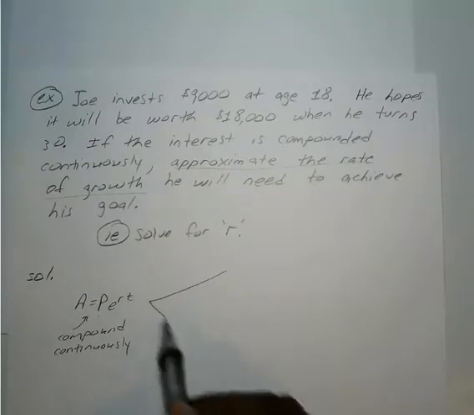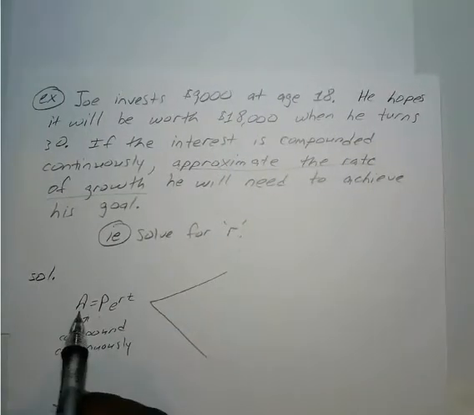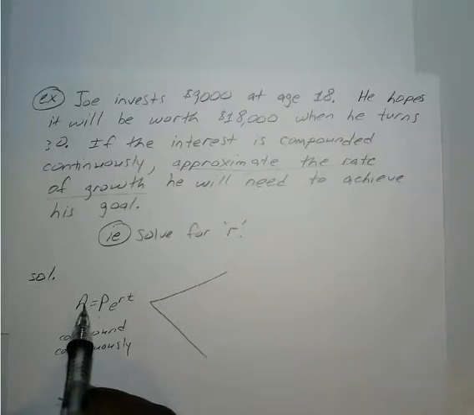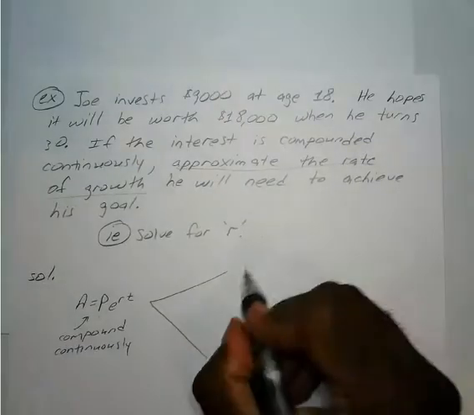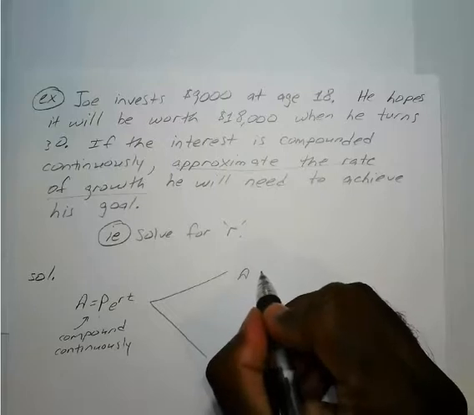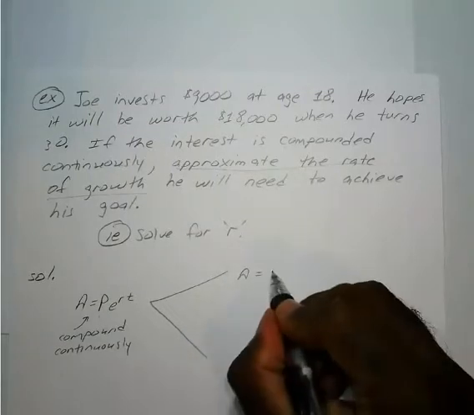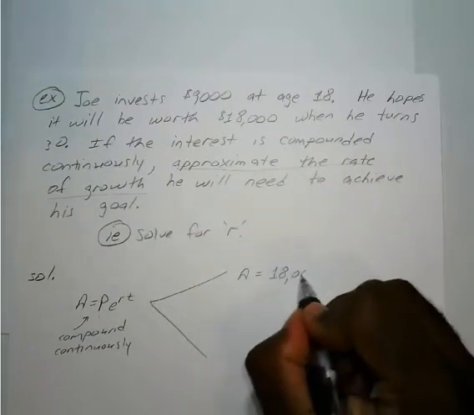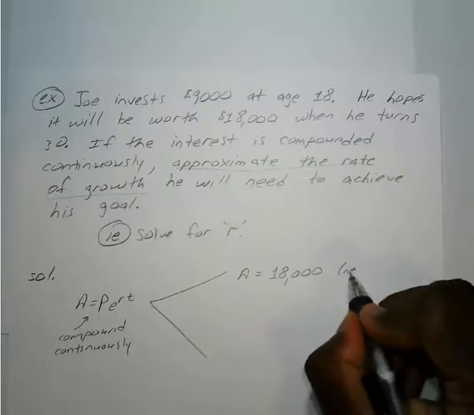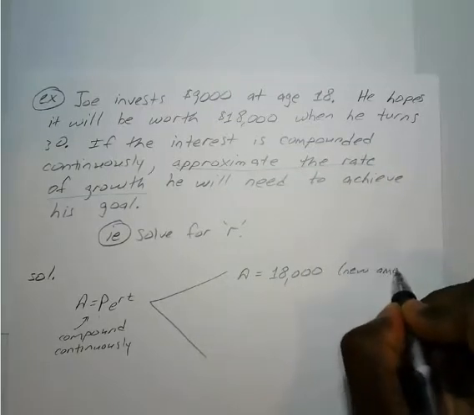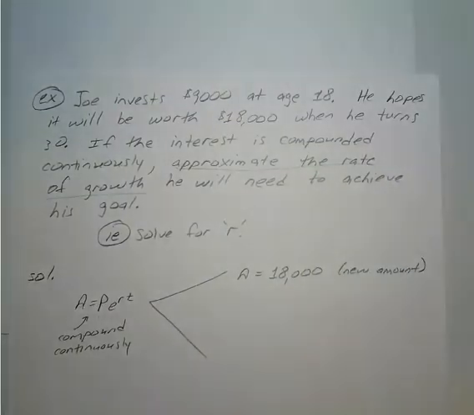Now let's find out exactly what everything is. If it's compounded continuously, remember the A, that's your new amount. So that's $18,000. Because remember, that $9,000 is the amount he invested.